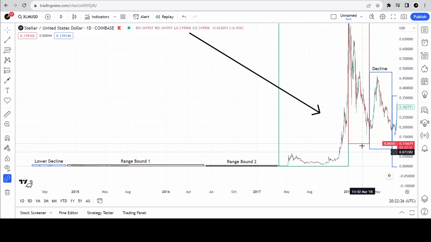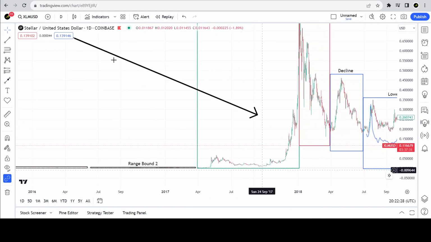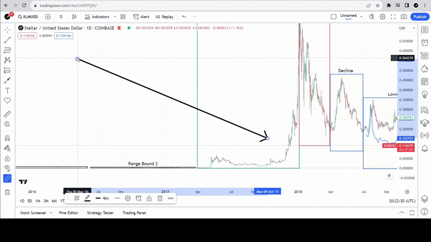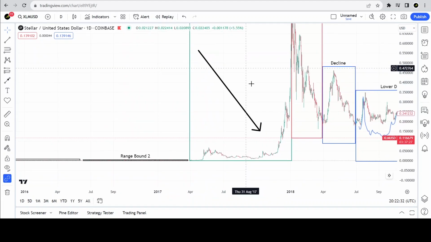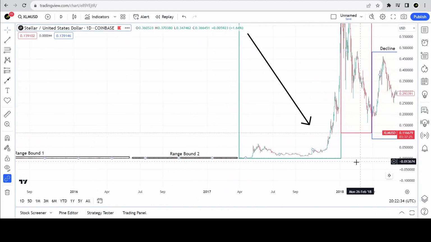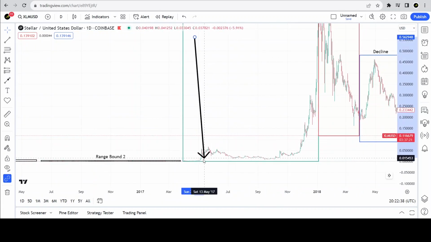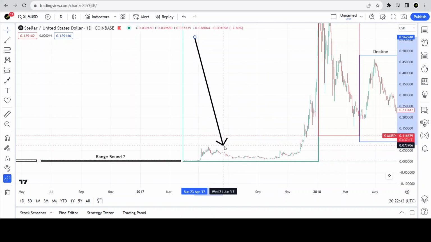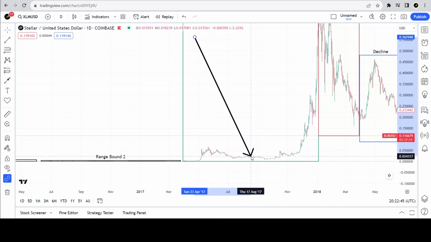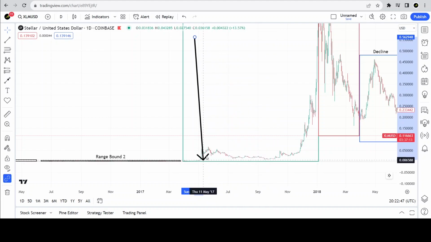Now, this one is an interesting bull run because the second time the bull run takes place, it doesn't look quite like this, although it has the same basic idea, the same basic structure in place. So this one, price moves up, and it does just this slow motion wave right here.